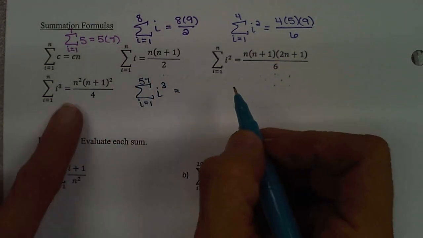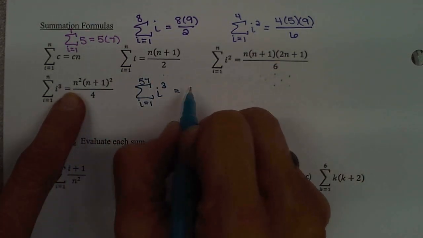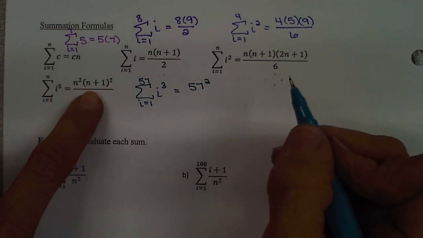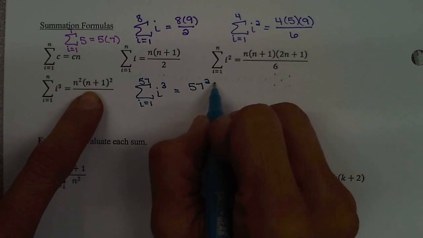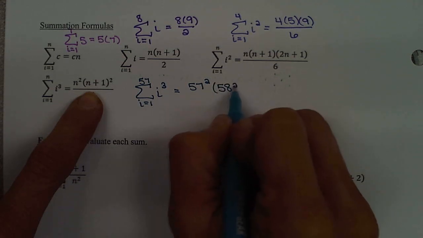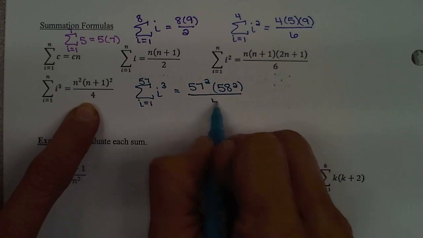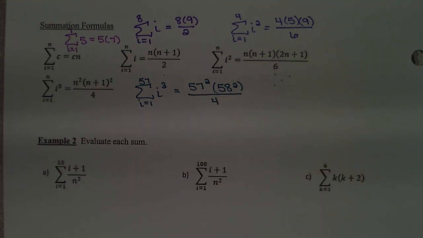If we follow the formula, it's the upper limit squared, so 57 squared, times 1 more than the upper limit squared, so times 58 squared, all over 4. On these last 3 examples, we are going to use those formulas to actually evaluate these sums, figure out what they would equal without having to go through and do all of the long math to get there.